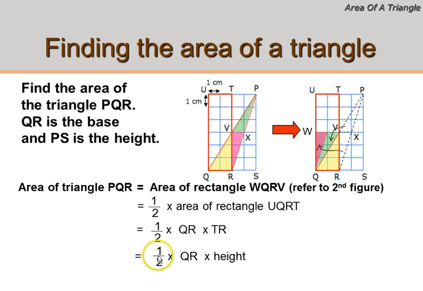So half QR, which is the base of the triangle here, and the height. The height can actually be UQ, TR, or PS. They are the same, resulting in half base, which is QR, times the height from here.